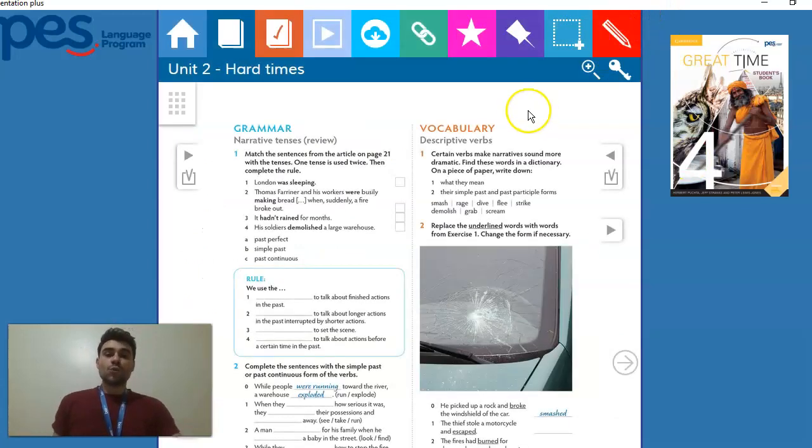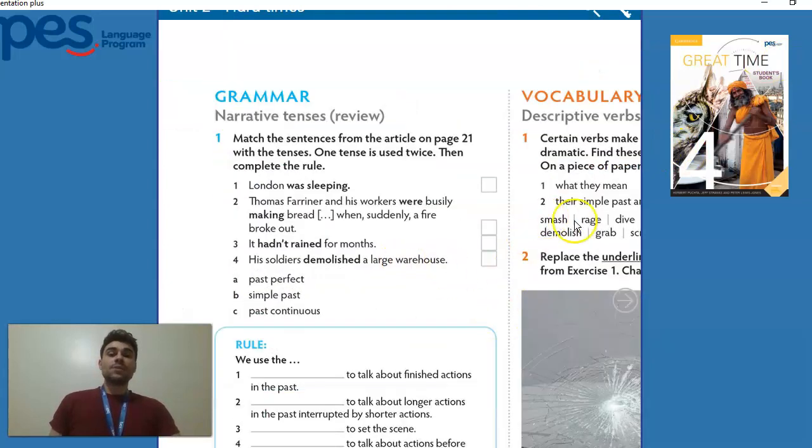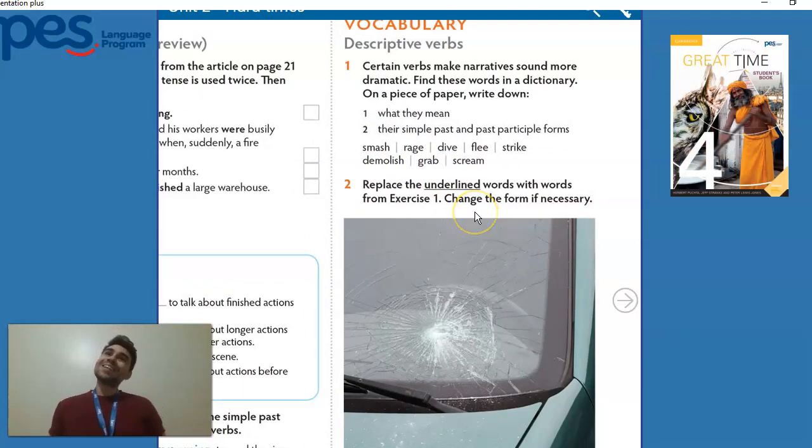So why do we talk about descriptive verbs here? Because sometimes we tend to use the same verbs all the time. But if we know a little difference between the very small details in one verb and the other, for example, to smash and break.